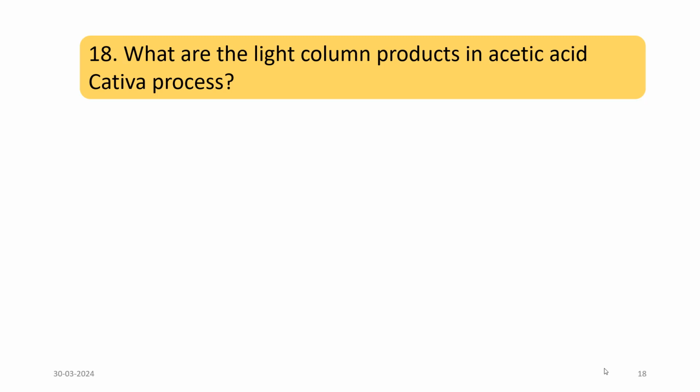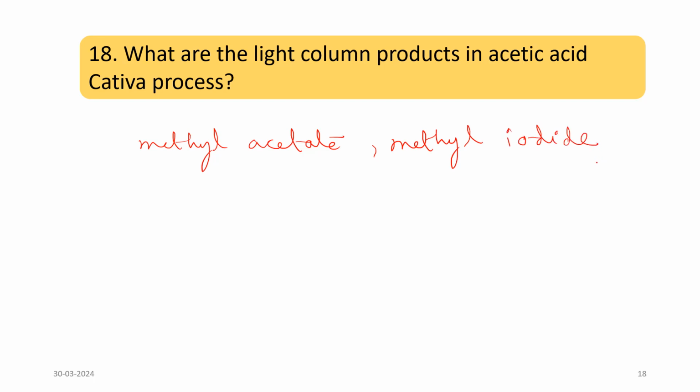So the light column products are methyl acetate, methyl iodide, and some portion of water. Okay. So these are the light column products in Cativa process or methanol carbonylation process altogether.